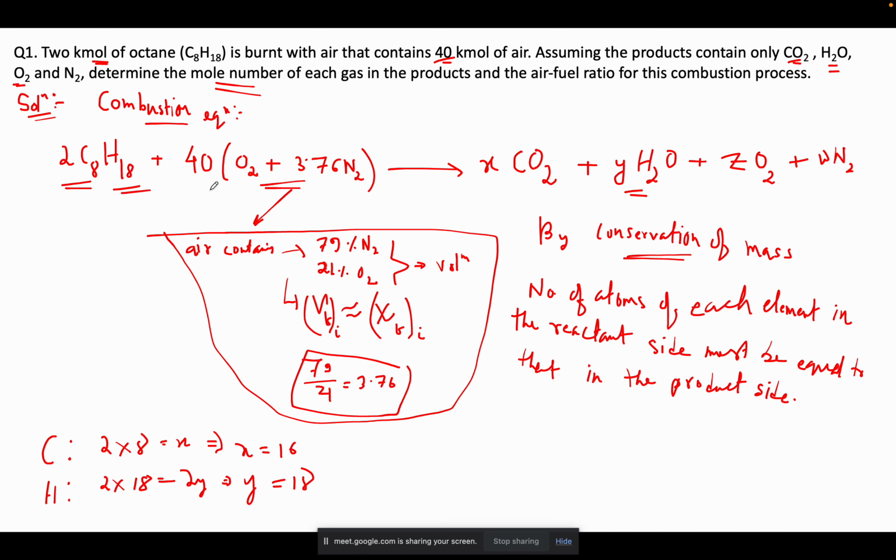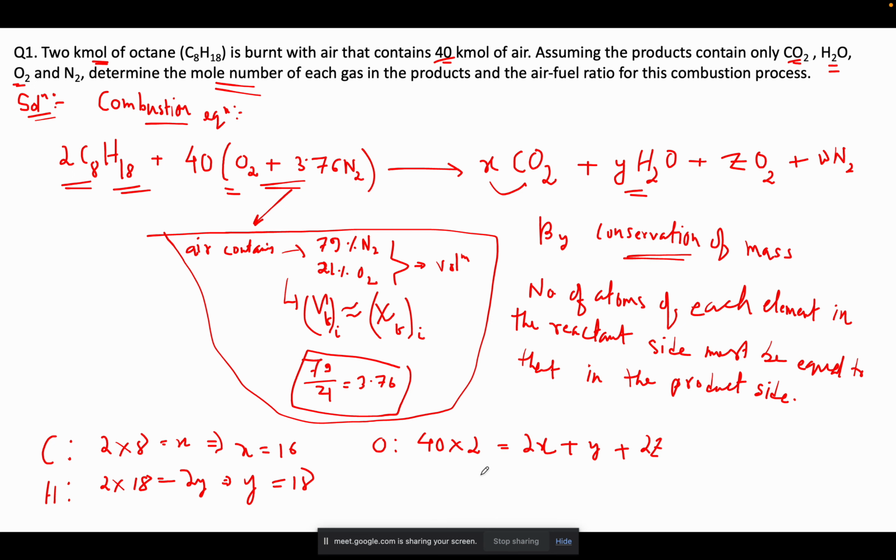Okay, now let us do the balance for oxygen. Oxygen will be 40 into 2, that is equal to 2x plus y plus 2z.